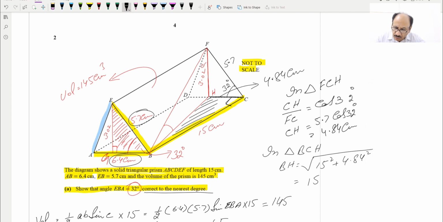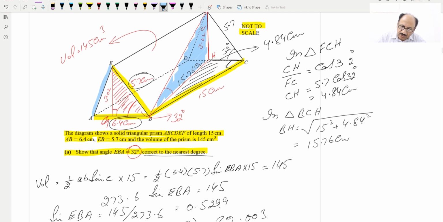and this will be equal to 15.76. So 15.76 is our length BH. This is 15.76 centimeters. Now we will be considering the triangle. Which triangle will we be considering? We will be considering this triangle, which is BHF.